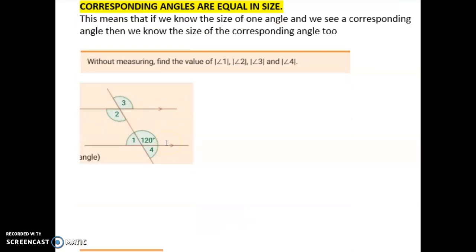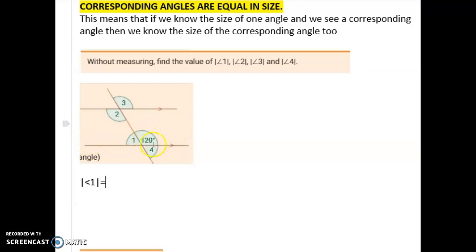We're looking at these questions here, and what can we say? We've got angle 1, angle 2, angle 3, and angle 4. What can we say about the size of angle 1? If we look at angle 1, we can see that there's a straight line there, so that's 180 degrees.